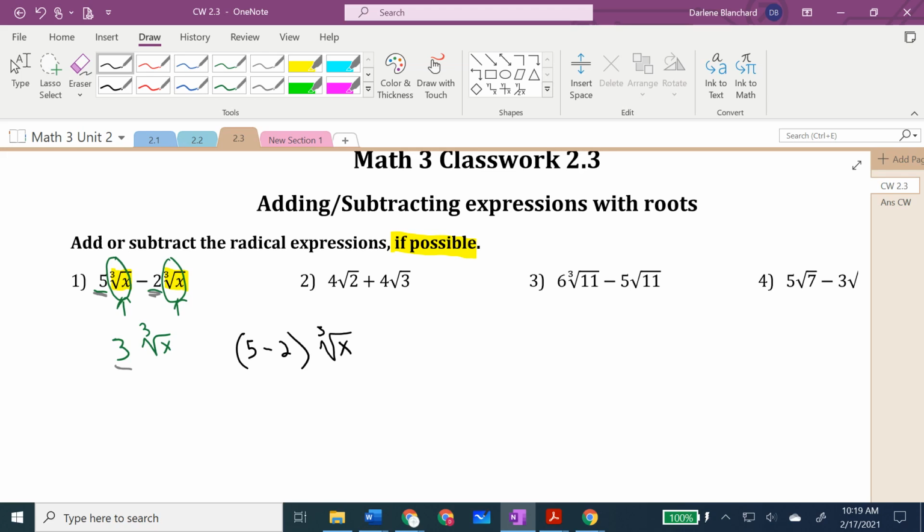Now let's take a look at number 2. Number 2 doesn't have any variables in it, but it does have roots in it. Let's look at the roots. Those two roots are not the same.